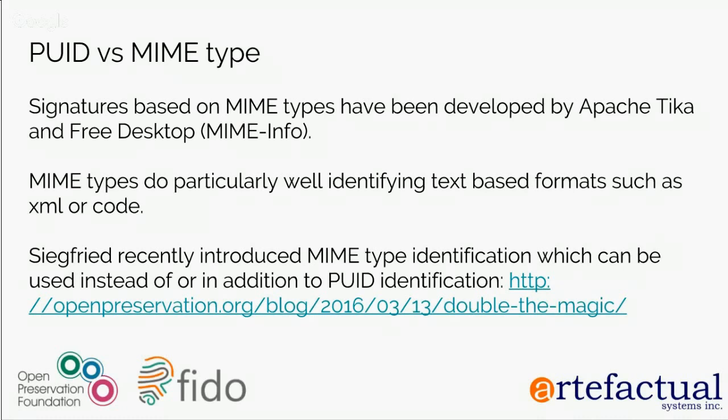So if there's a format that is a text-based format like XML or code, possibly the PRONOM ID may not be a useful method of identifying it, because it may just come up as generic text, whereas the MIME type can interpret it to be something much more specific. So that's just something that's worthy of consideration, I think.